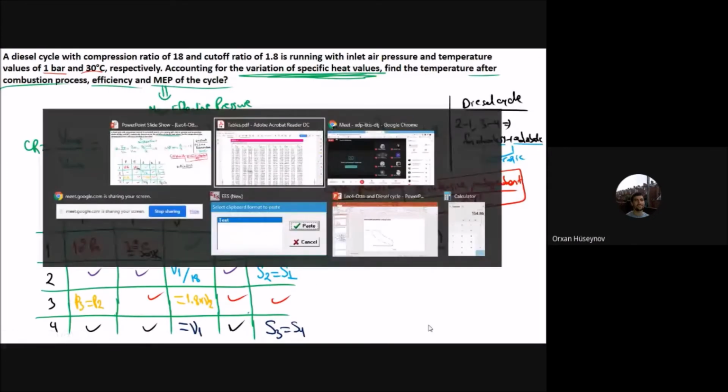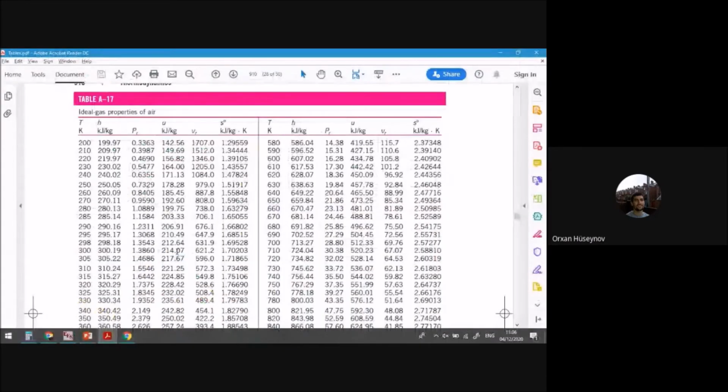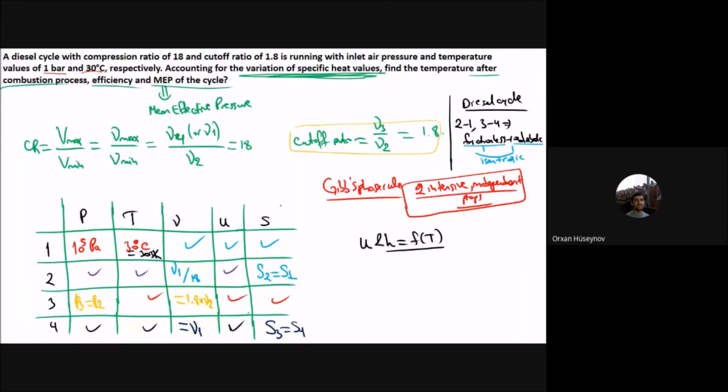Now let's go back to the chart here. You can see it goes one by one, so it will be about 216, approximately. You can work out the exact values.